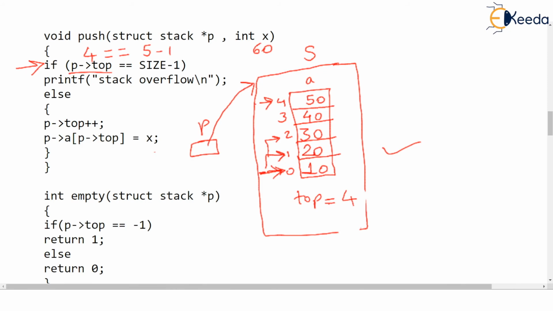So top is already at the topmost location of the array, and you can't increase it further. So we will shout stack overflow, and we will not go to else, and we will not proceed by pushing any new value. Now, however many times you call this push function, it is always going to shout stack overflow, because top has reached 4 and it is equal to size minus 1.